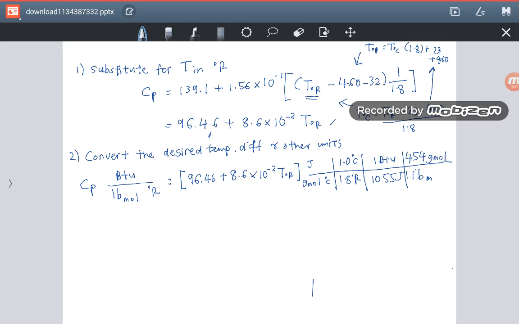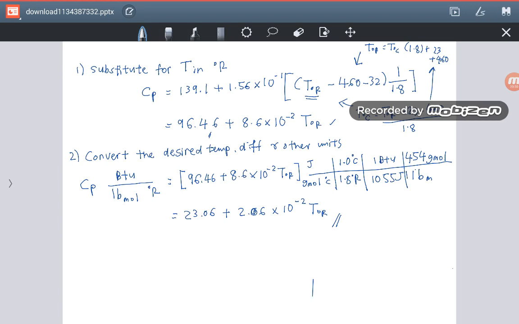All of this conversion unit, you need to refer to the conversion table that I already gave you. So at the end, the final answer will be 23.06 plus 2.0606 times 10 power of negative 2 T Rankine.